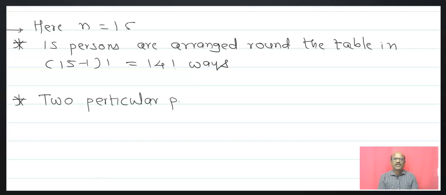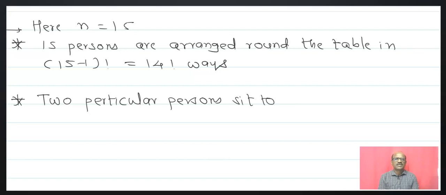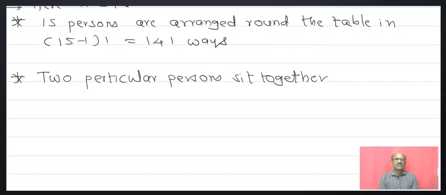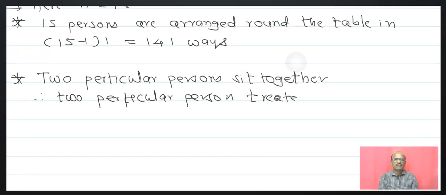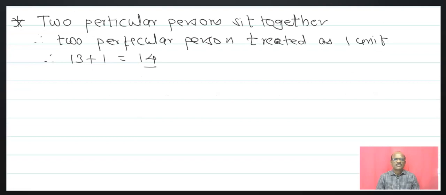Two particular persons sit together. That is, two particular persons are treated as one unit, that is 13 plus 1, which equals 14.